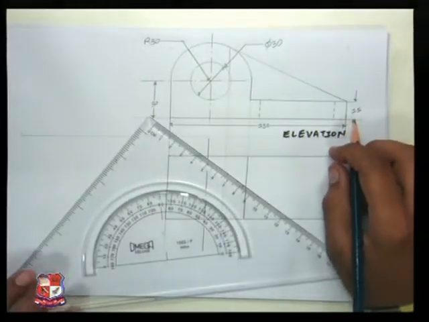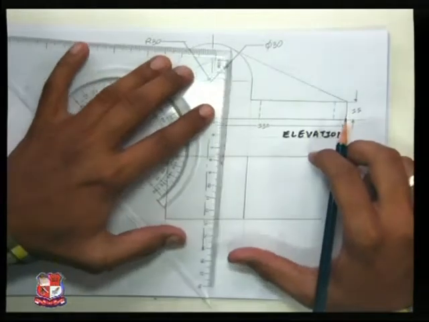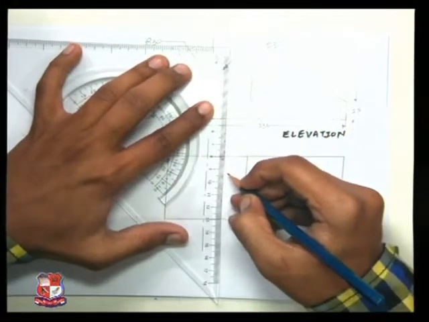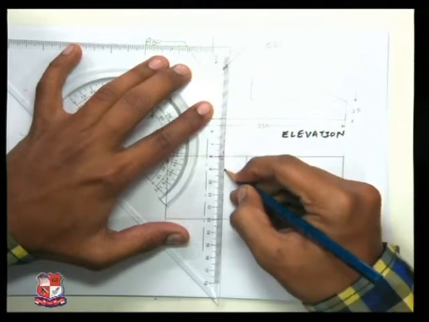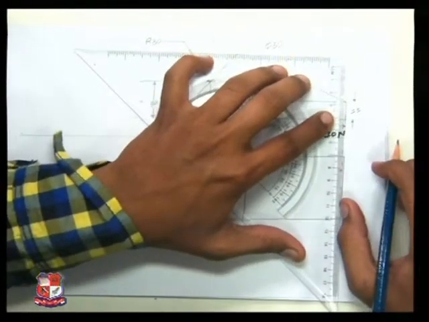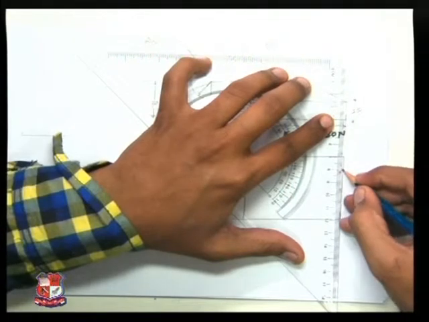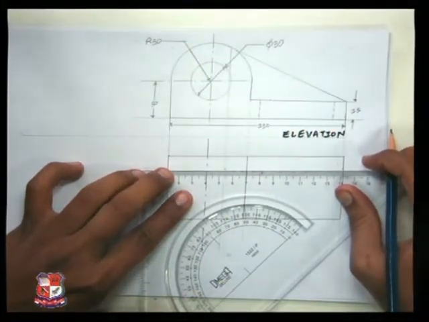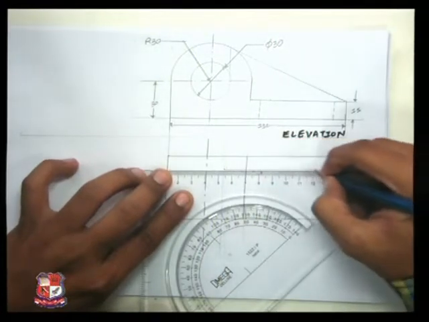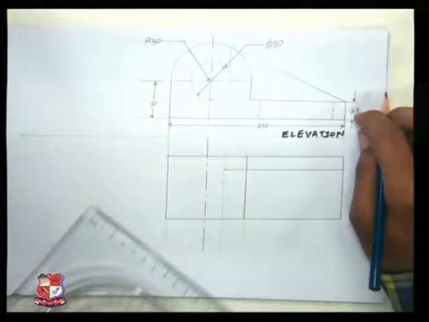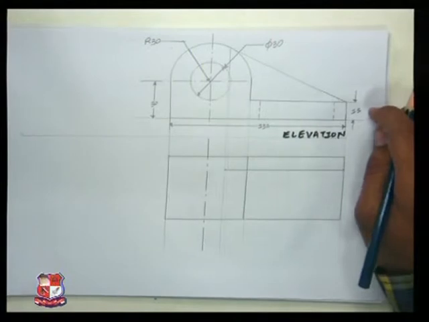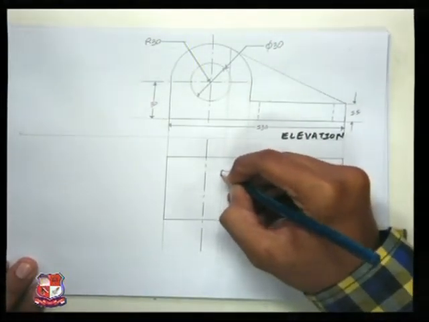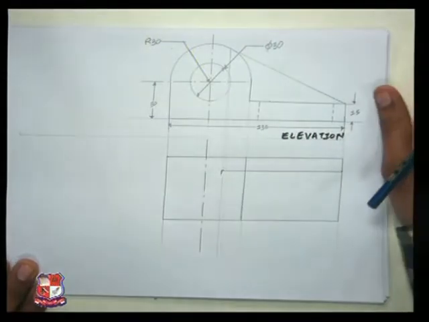Now the rib dimension is given as 10 mm, hence from the projection it would be 10 mm. Likewise, as it is tangent, you should end the line like this.